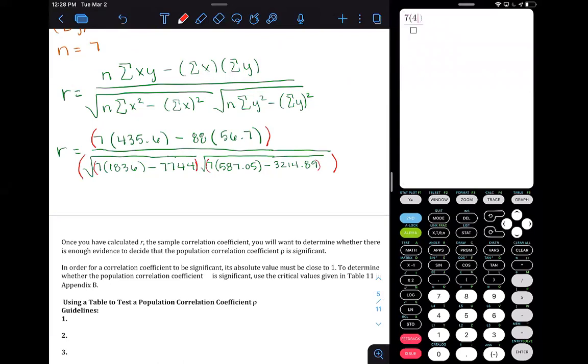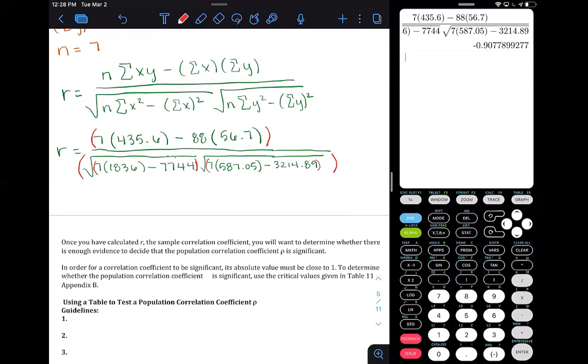Okay, so if we plug this all in, you should get a number between -1 and +1.